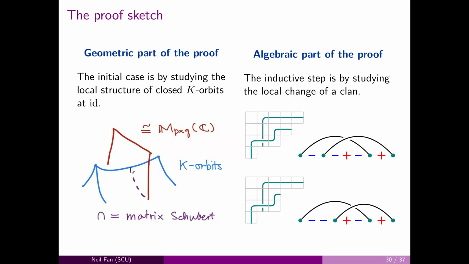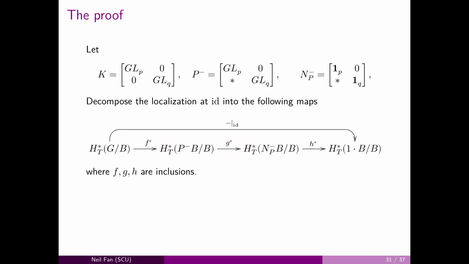And we show that the intersection, the dashed lines, is isomorphic to a matrix Schubert variety. And so we obtain double Schubert polynomials. After localization, we get our Klein polynomial. So this is more detail. This is the K, which is a block diagonal matrix.